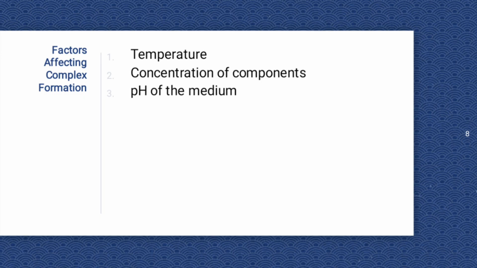Then the third one is the pH of the medium. It alters ionization, and optimum pH favors complexation. Then the next point is the dielectric constant of the solvent. So students, lower dielectric constants enhance ion pairing, thus it is inversely proportional to the polarity.